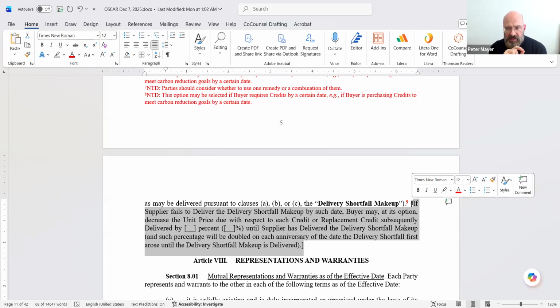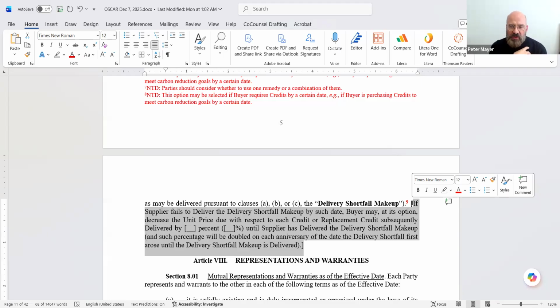The reason for this distinction is basically that, from a buyer's perspective, a buyer would say, okay, we recognize that this is a nascent industry, and we acknowledge that.